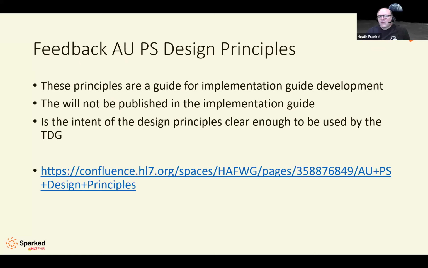So we're looking for feedback on these. These are a series of Confluence pages that have been developed for this. Again, the design principles are not going to go into publication. But if you've got any concerns that those design principles aren't appropriate, then please leave your comments on this particular page. These will be available in the conformance page on the wiki.